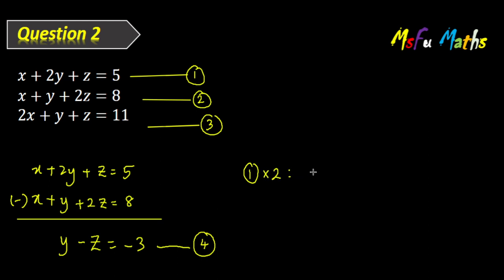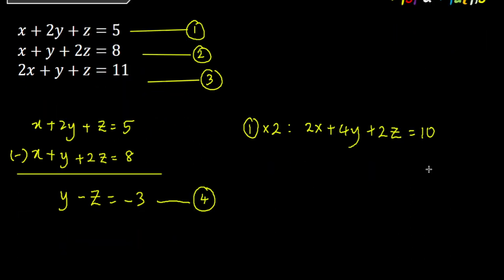What you get is 2x plus 4y plus 2z, just times 2: 2x times 2, 4y times 2, 2z. Okay, 5 times 2 is 10. Okay, what do I want? Oh, I want to use 1 and 3 just now. So this equation number 3, I just put it here. Copy only, yeah? So 2x plus y plus z equals to 11.